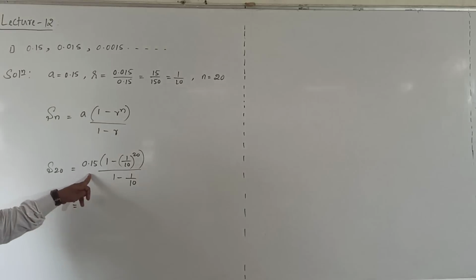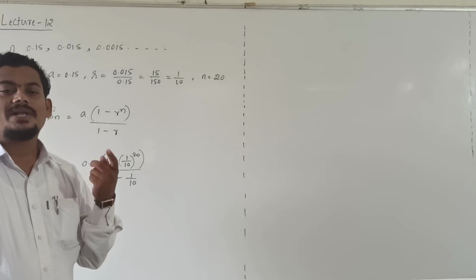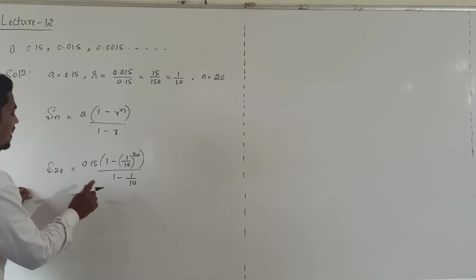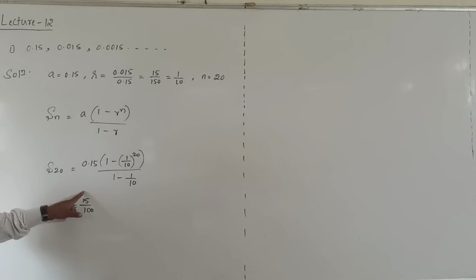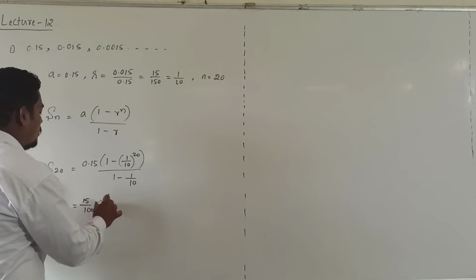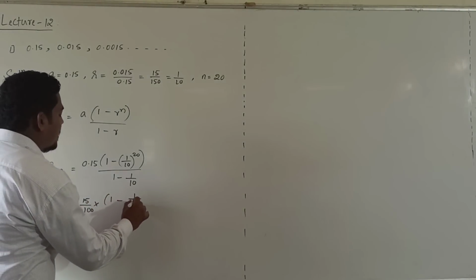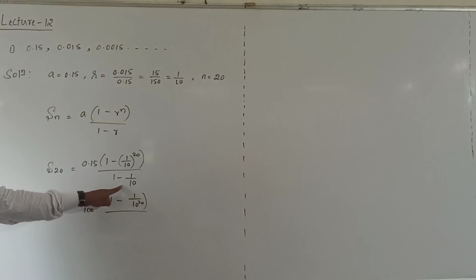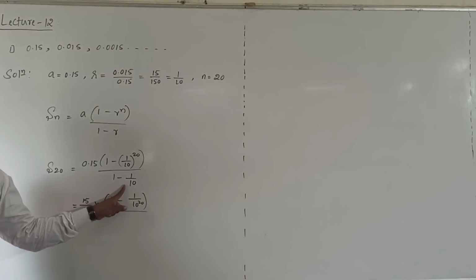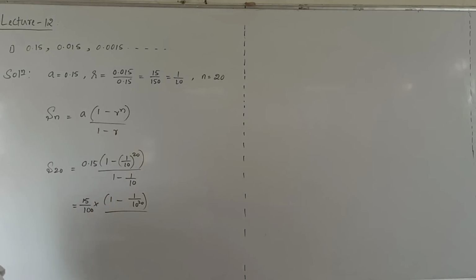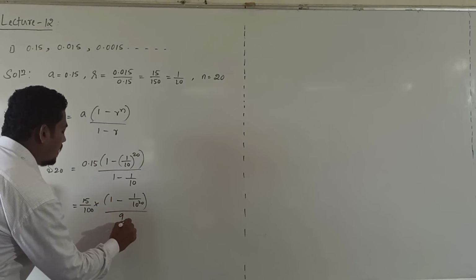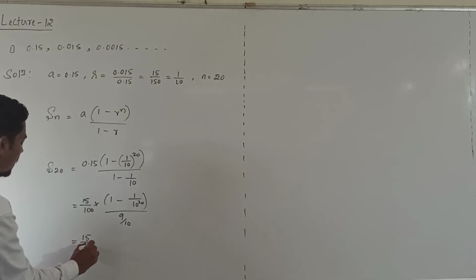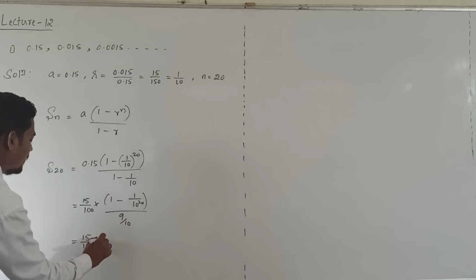After that, I will write 0.15 can be written as 15 divided by 100 into 1 minus 1 divided by 10 power 20, whole thing divided by, on taking LCM in the denominator, 9 divided by 10. After that, 15 divided by 100 into the denominator's denominator becomes the numerator.